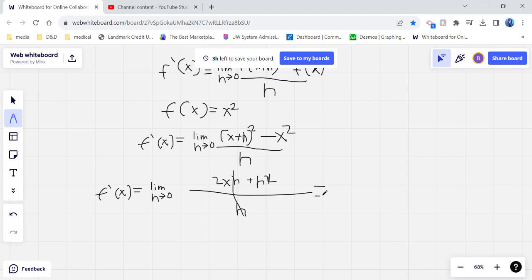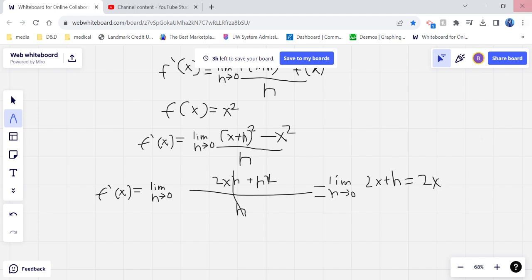So what we're left with is the limit as h approaches 0 of 2x plus h. And then we substitute in that value of 0 to find the limit, and that is 2x.